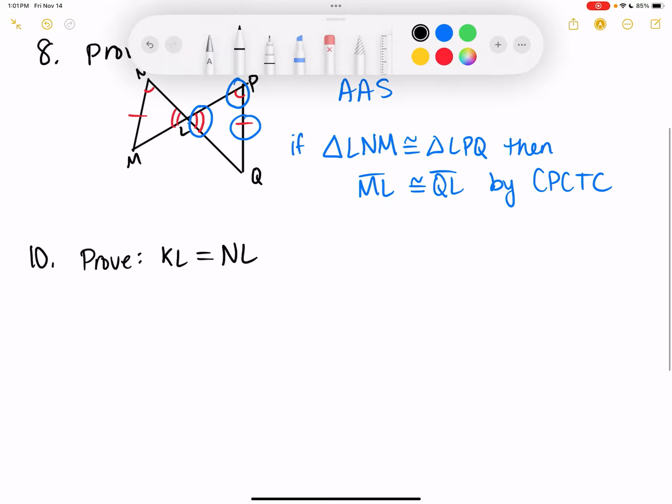And all the markings I'm putting on here were given markings.